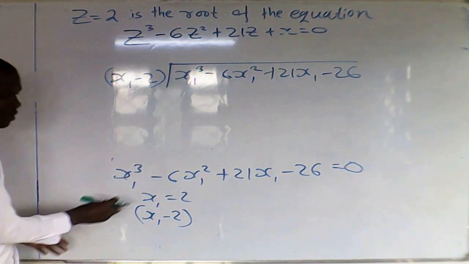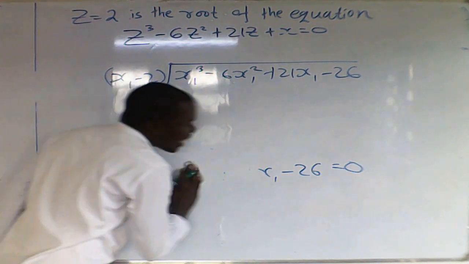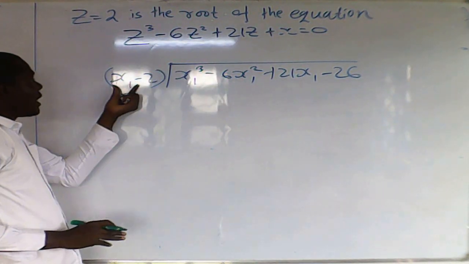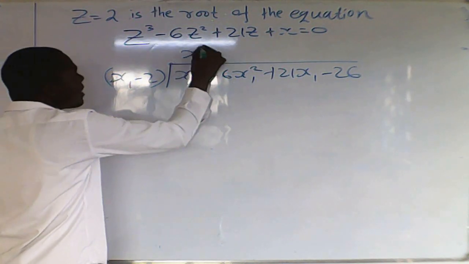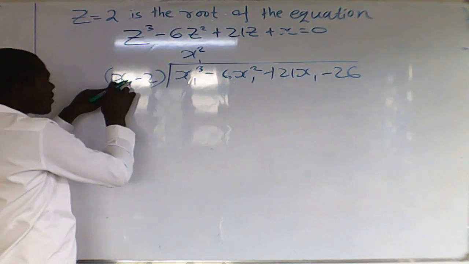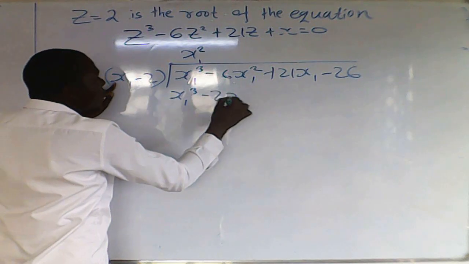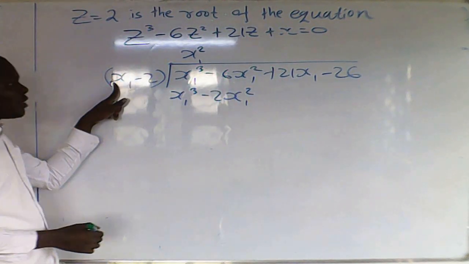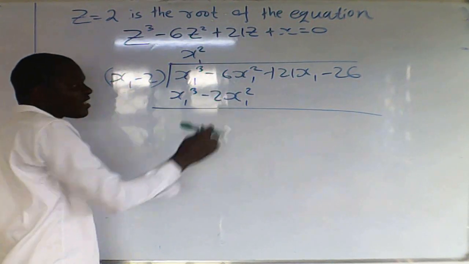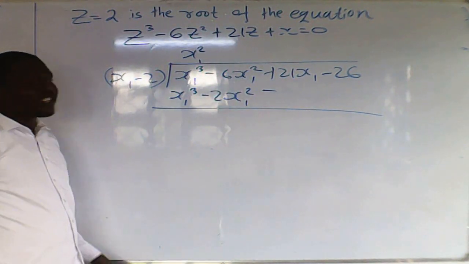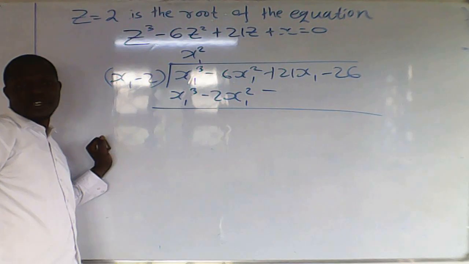Are you seeing that? Yes. We use polynomial division to determine another root. So from there, x1 minus 2, how do you get x1 cubed? You multiply by x1 squared. So if you multiply this by x1 squared, you get x1 cubed minus 2x1 squared, isn't it? If you subtract, 0 minus 6 minus negative 2, you get minus 4, isn't it?